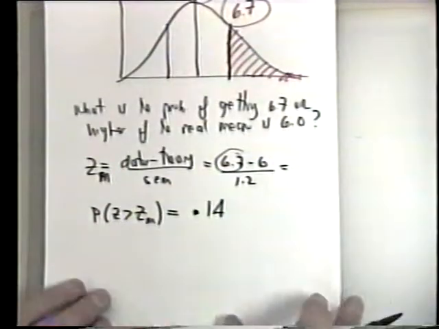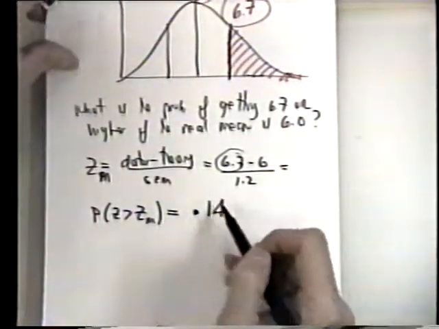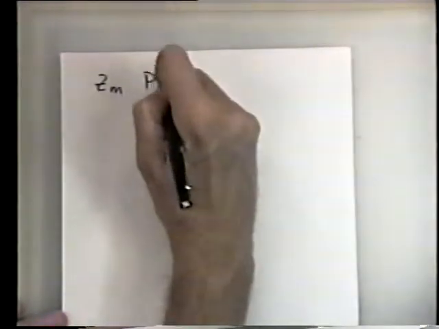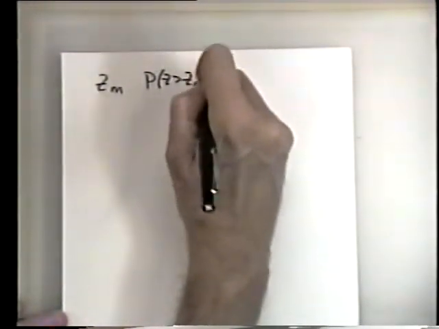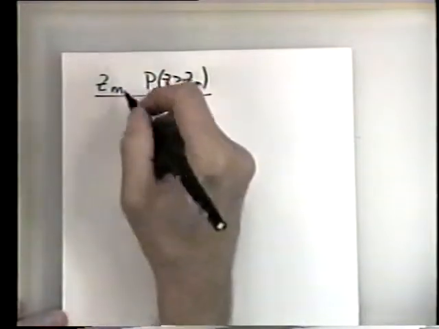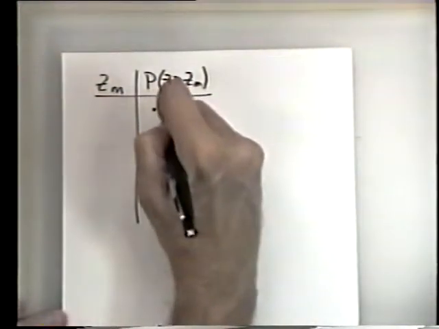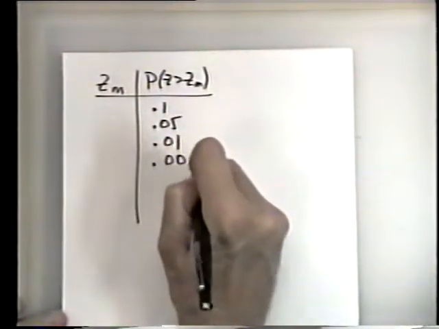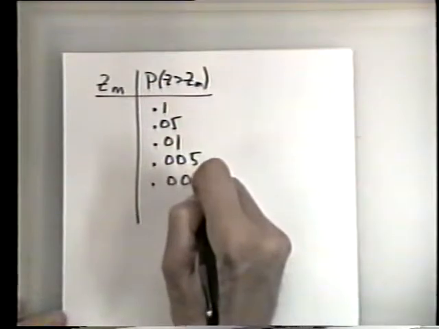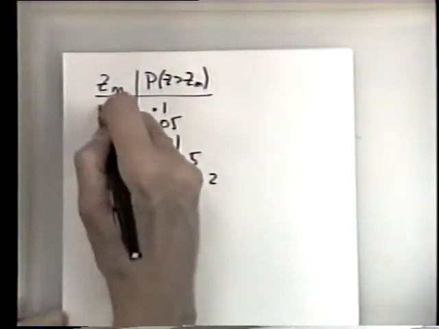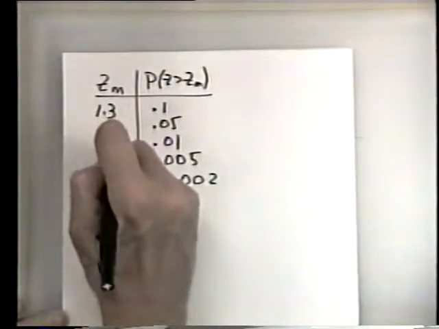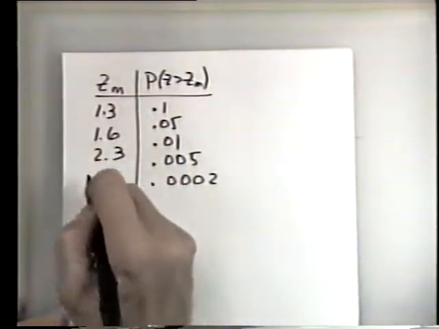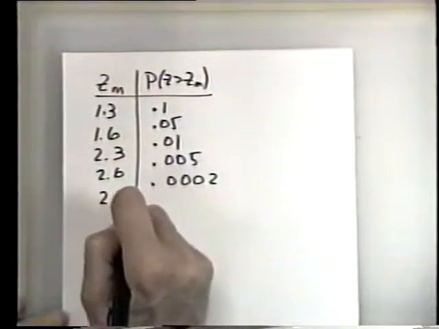Now, in general, it's very good to have a feeling for how big these deviations need to be in order for an effect to be real. So I can make this table in two different ways. If I write Zm, I can have the probability that z is greater than Zm, and I can make the values of the probability even. So 0.1, 0.05, 0.01, 0.005, 0.0002 correspond to Zm's of 1.3, 1.6, 2.3, 2.6, and 2.9.